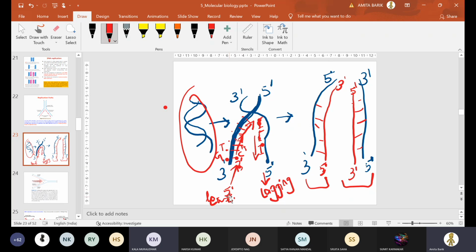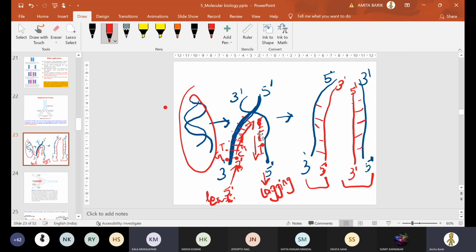So that is known as the leading strand, which is continuously replicating with the help of DNA polymerase, which is adding different nucleotides, and these nucleotides follow the base pairing rule, based on Chargaff's rule. A is pairing with T, G is pairing with C, and so on. So this strand is completely newly formed and it is leading in nature, continuous replication.